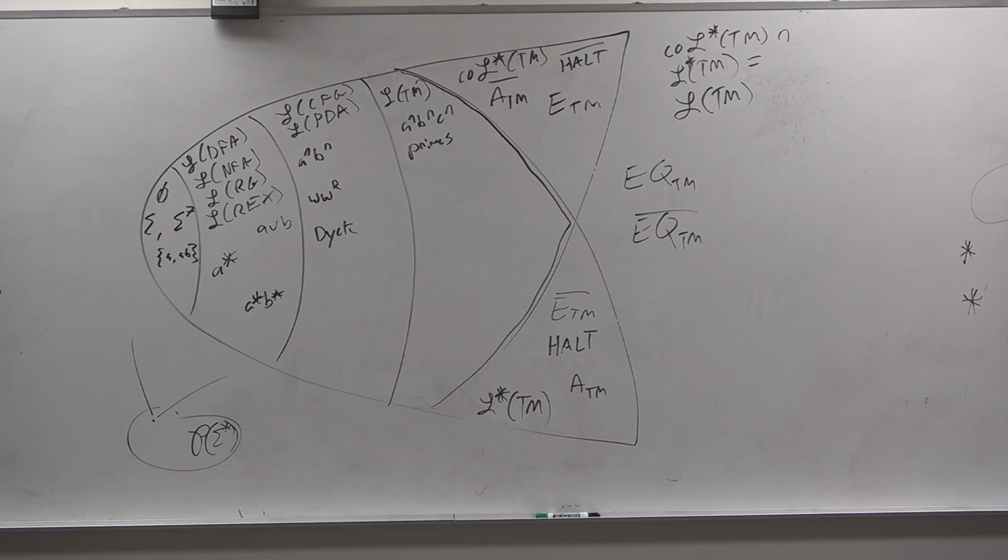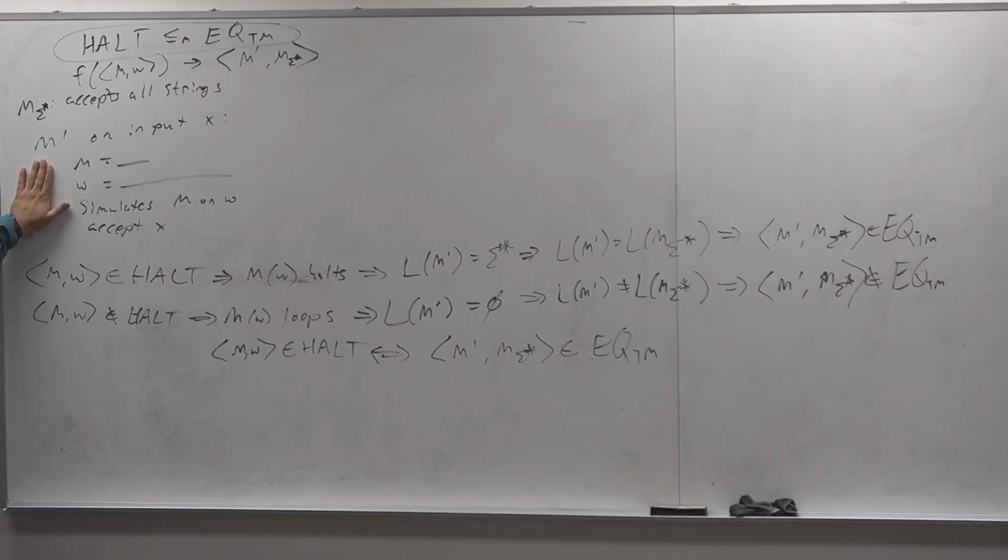We actually don't know what L of M prime is. But like with the other proofs, it's either the empty set or it's sigma star. In fact, both of those are regular languages, if you think about it. But what's important is which one it is, conditioned upon the behavior of M on W.